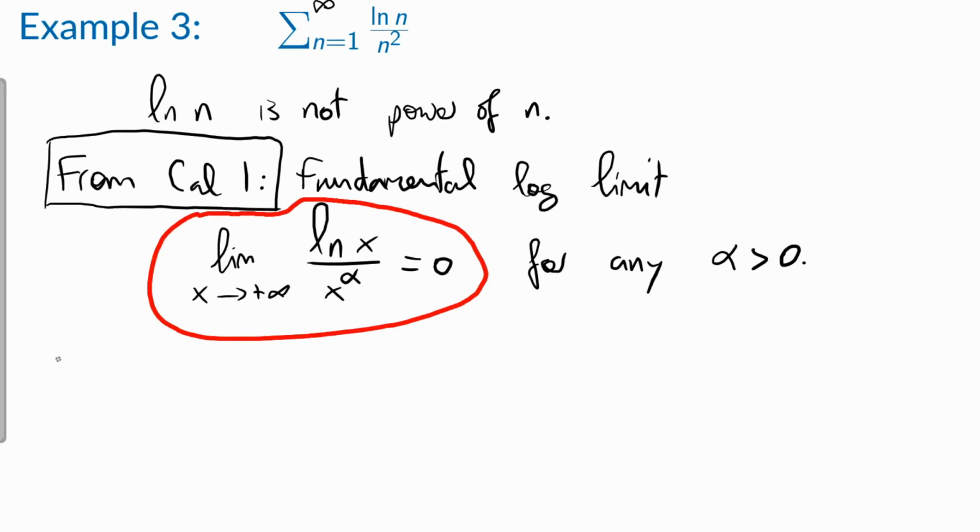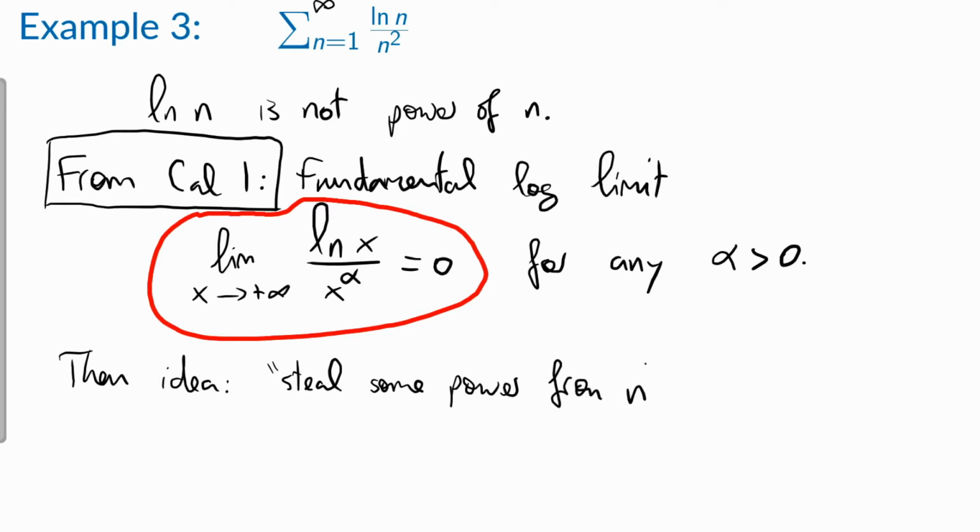Okay, so now using that, what that tells us is that the natural log of n grows more slowly than any power of x. So we can compare. The idea is to steal some power from n squared to kill the natural log.